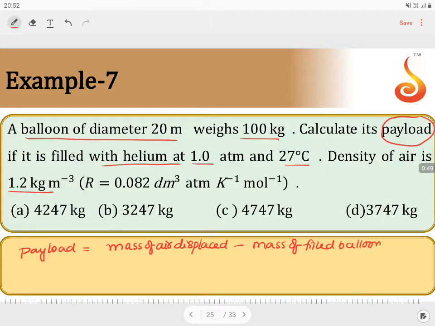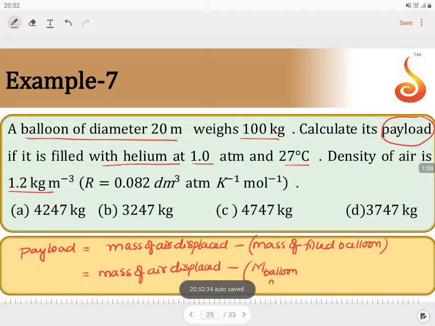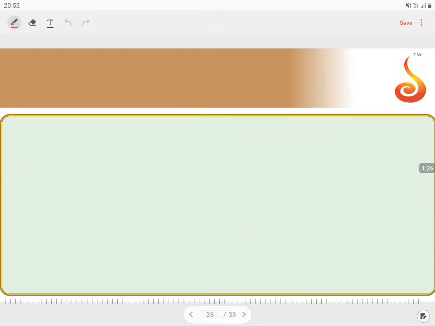The mass of filled balloon can be taken as mass of balloon material plus mass of helium gas. That is going to be the total mass of filled balloon.